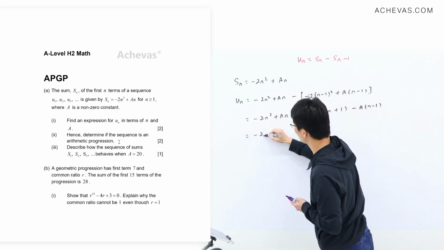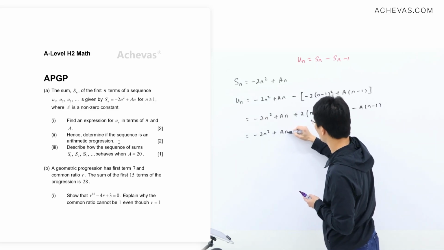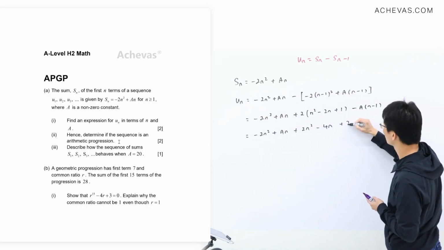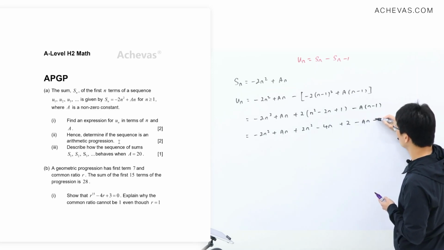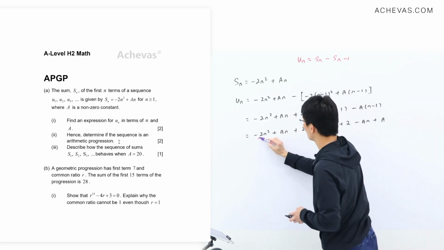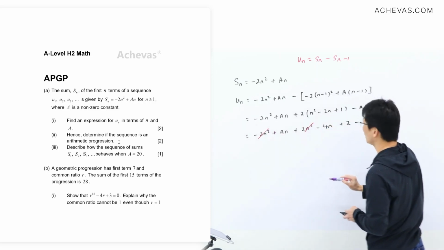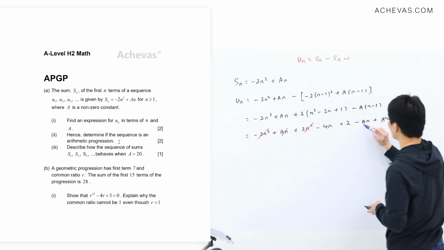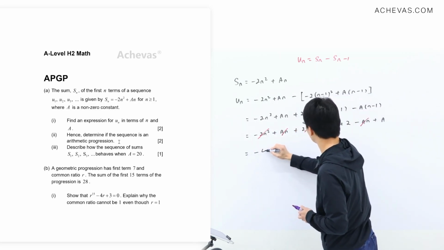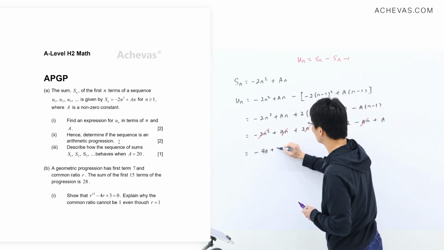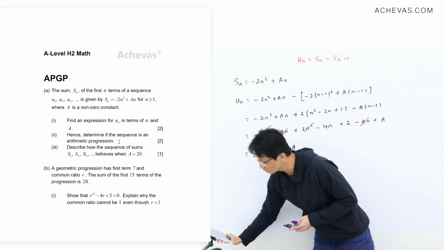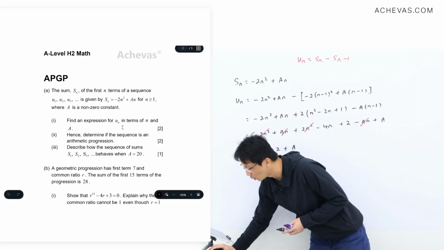Next step: minus 2n squared plus an plus 2n squared minus 4n plus 2 minus an plus a. This one cancels away, this one cancels away. I will just be left with minus 4n plus 2 plus a. So this will be my answer for part 1.